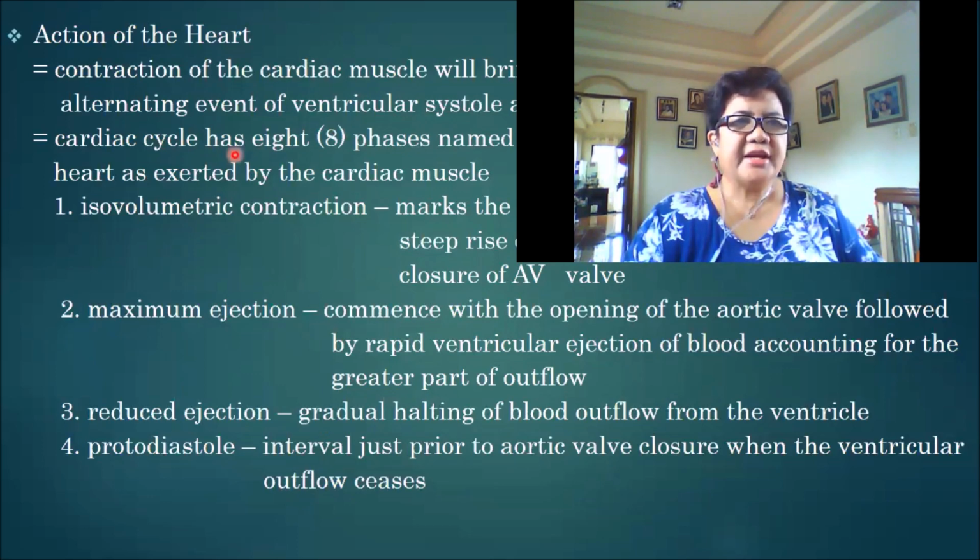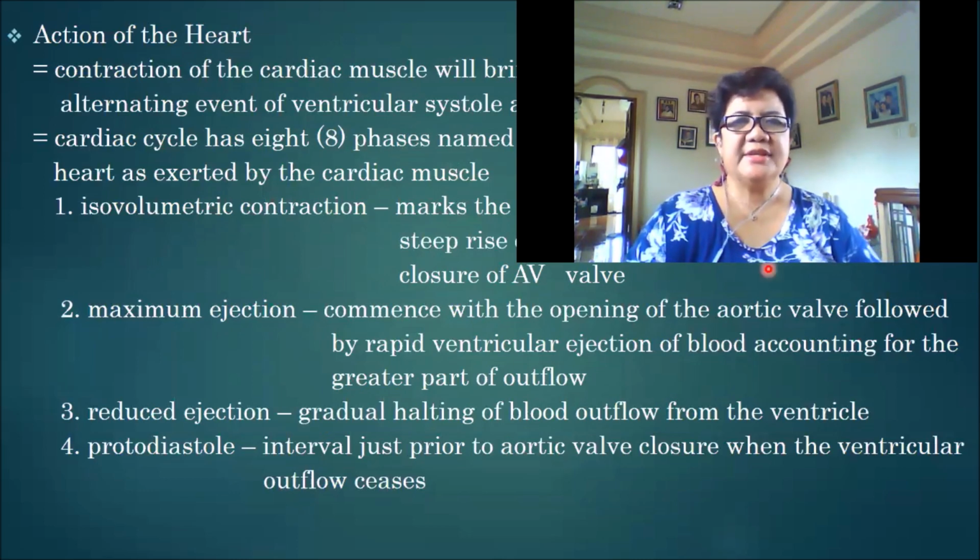Now, the cardiac cycle has 8 phases, named after the activity of the chamber of the heart as exerted by the cardiac muscle. Although in your book, you can see that this is tabulated: the phases of the cardiac cycle against the event that is happening on the left ventricle. So you can see that in your book.